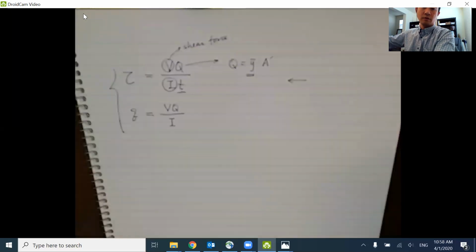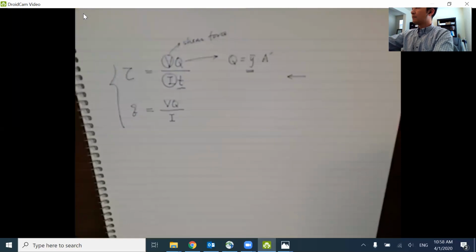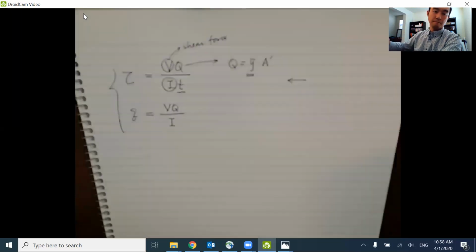I want a better resolution. The focus is not good today. I don't know why. I think this is the best so far.